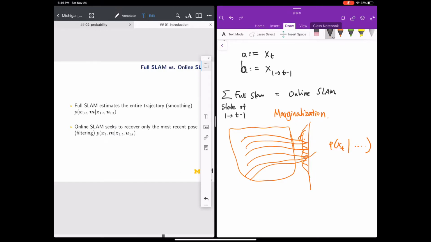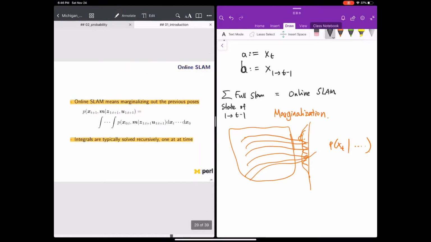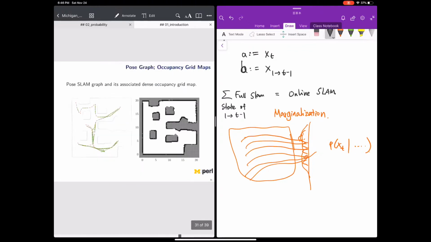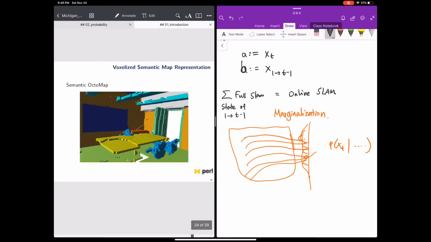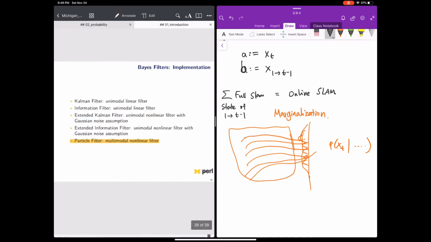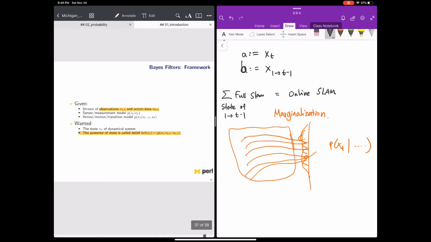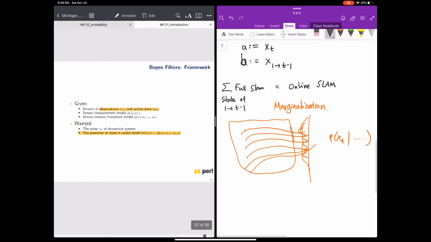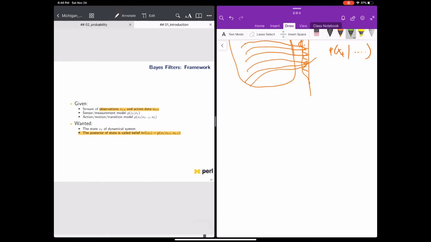Good. I think the next step, we would be trying to derive the Bayes filter. So let's look at that. Okay. So problem formulation. Our problem formulation is I have something given.